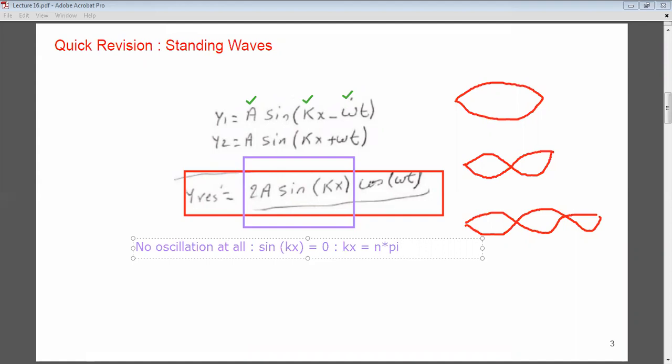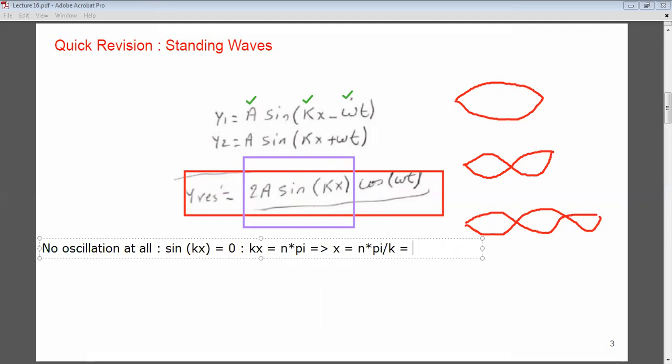So this happens when x is equal to n times pi over k.